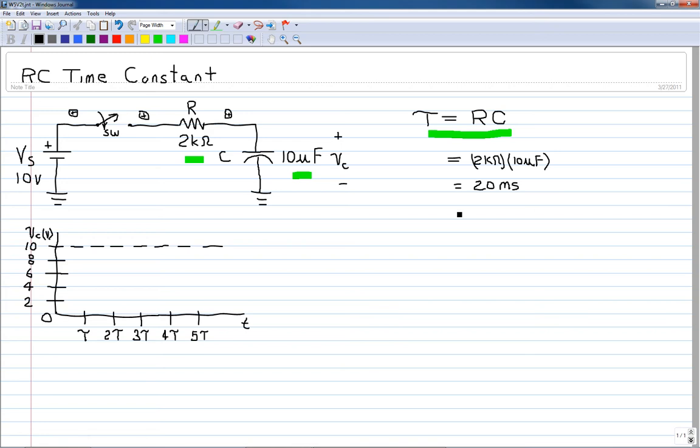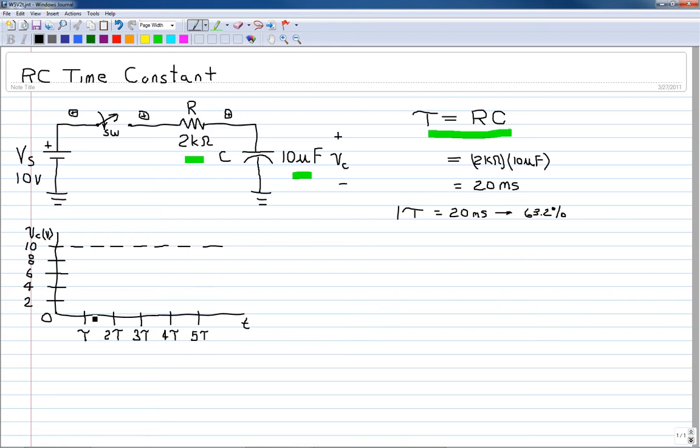In 20 milliseconds, the capacitor charges up to 63.2% of the total voltage. So in 1 tau, we have this equal to 20 milliseconds, and the capacitor charges up to 63.2% of the total voltage applied.